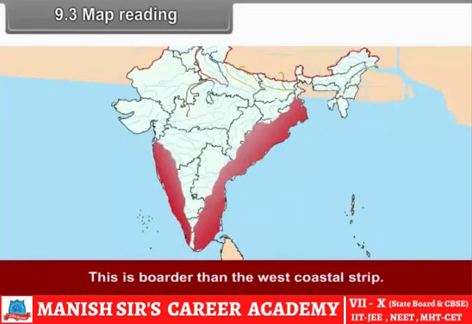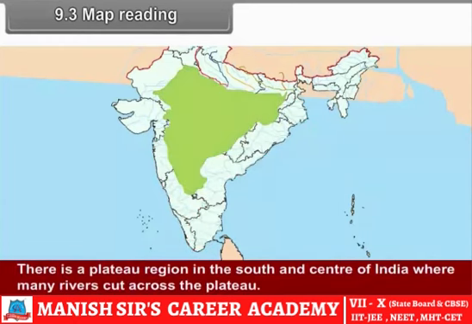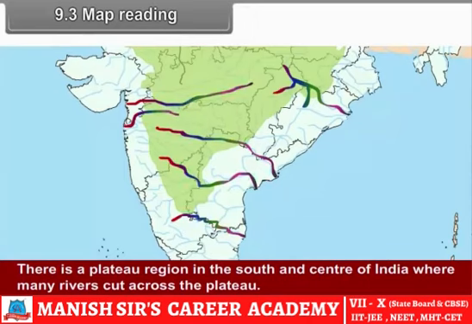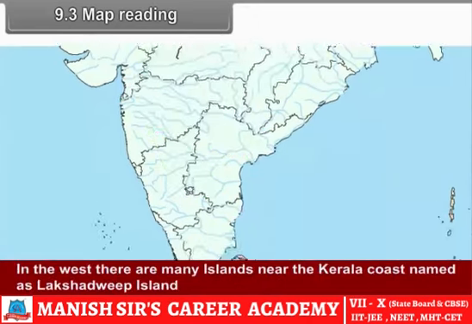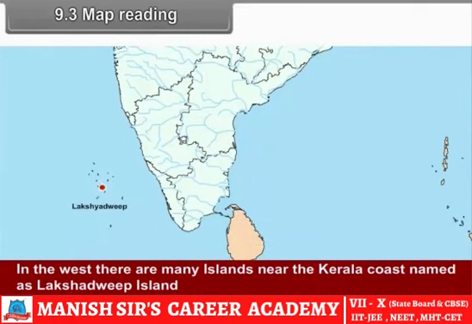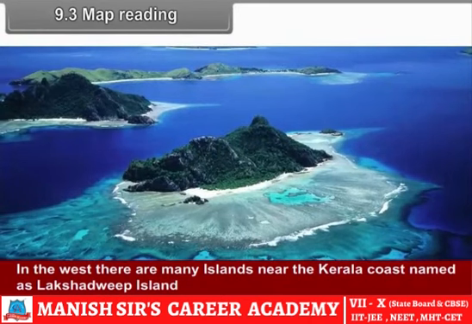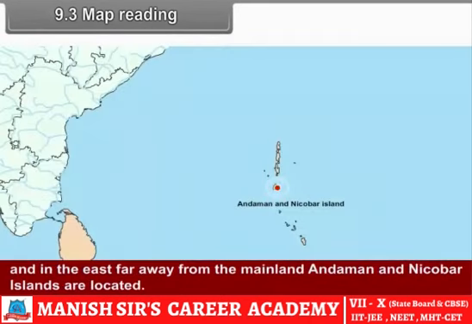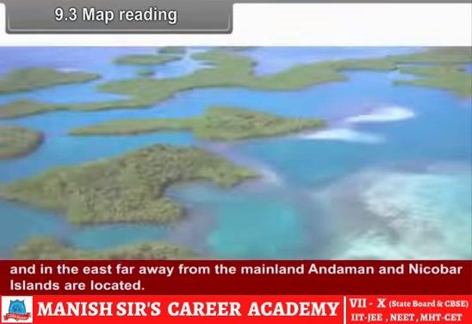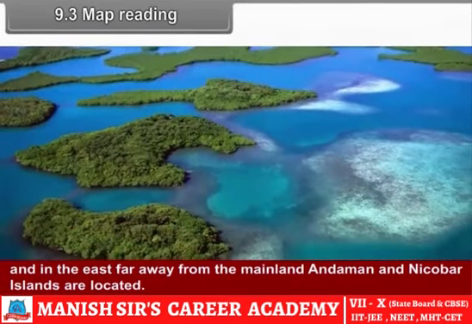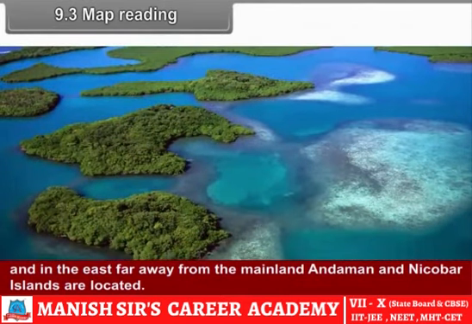This is broader than the west coastal strip. There is a plateau region in the south and center of India where many rivers cut across the plateau. In the west, there are many islands near the Kerala coast named Lakshadweep Islands, and in the east, far away from the mainland, Andaman and Nicobar Islands are located.